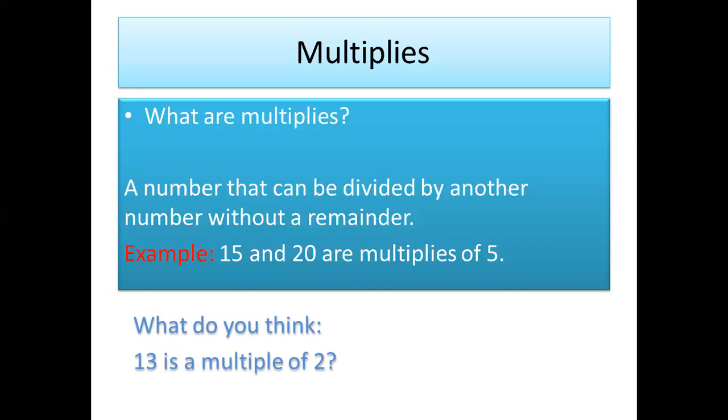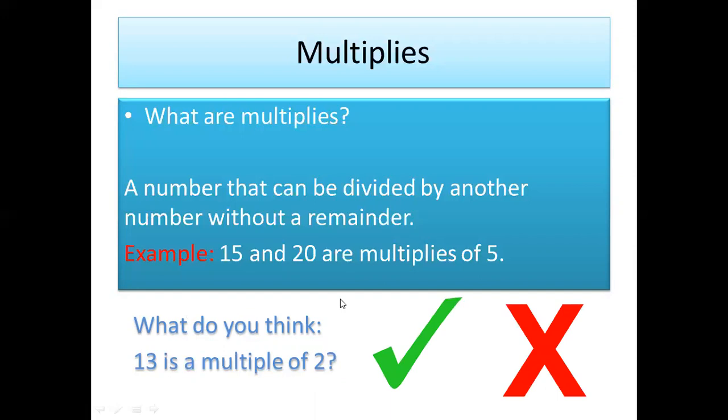No. Plus, number 13 itself is a prime number, so it has only two factors, which are 1 and 13. Number 13 is not a multiple of 2, so the answer here is no.